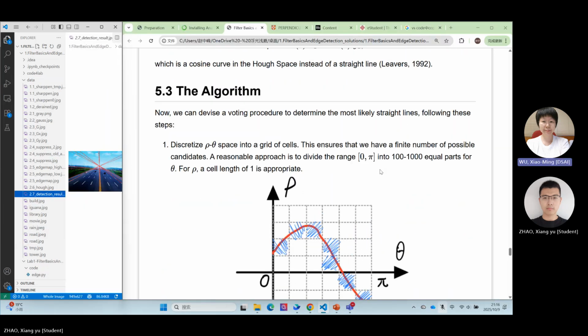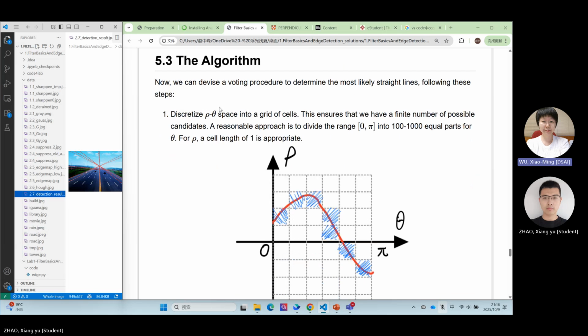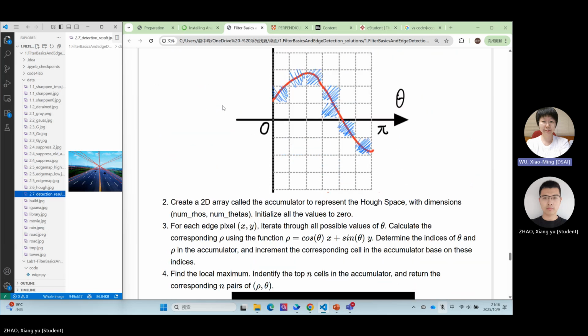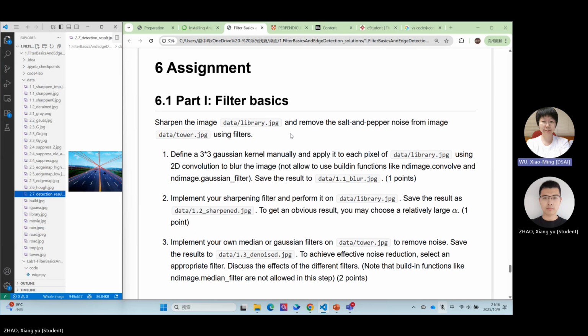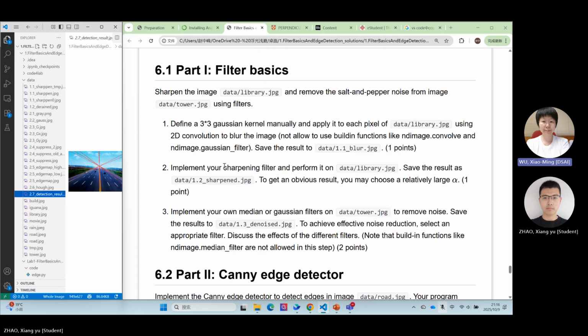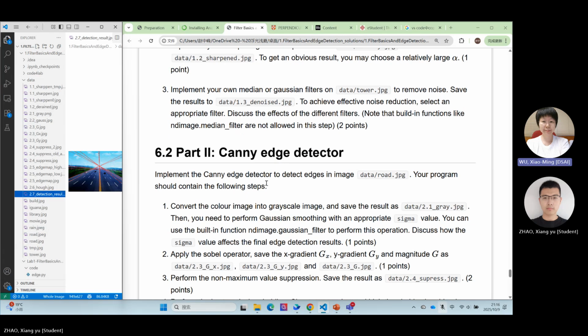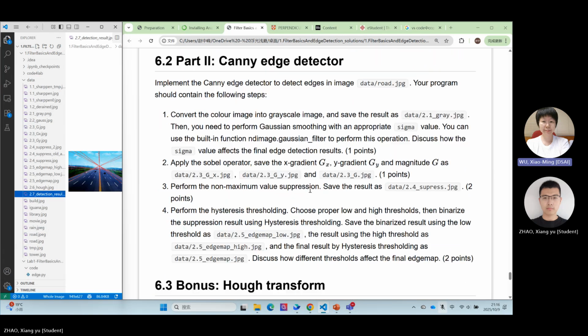Okay, this is how to achieve the Hough space, using the Hough space to detect straight lines. And finally, I will introduce the detailed assignment you need to finish by yourself. Part 1 and part 2 are the basic assignment you need to finish. Part 1 has 4 points, and part 2 has 6 points.